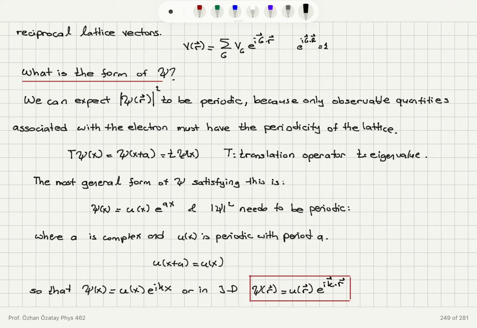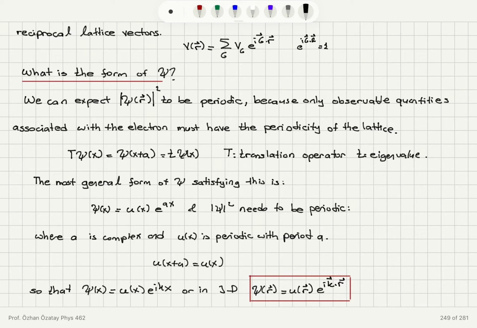So it must have the periodicity of the lattice. So we can say that if we apply a translation operator on a wave function psi, so that it becomes psi of x plus a, that is equal to the eigenvalue t times psi of x. So that's one way to express this.